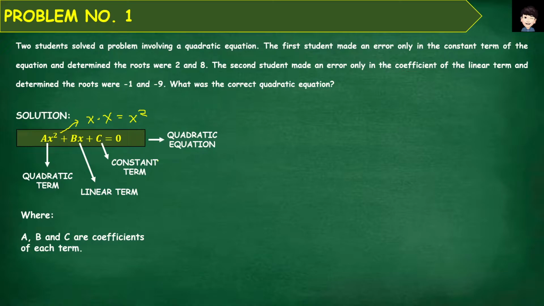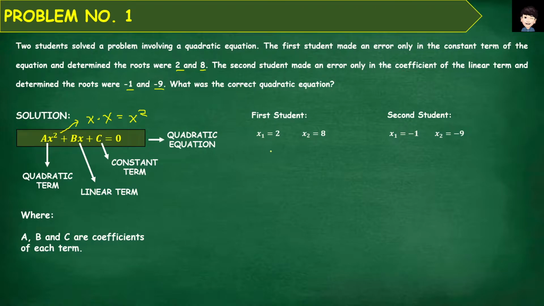So simulan natin sa first student. Yung first student, merong roots na 2 and 8. Then for second student, we have -1 and -9. So paano tayo makakapag-generate ng quadratic equation kapag meron tayong roots?